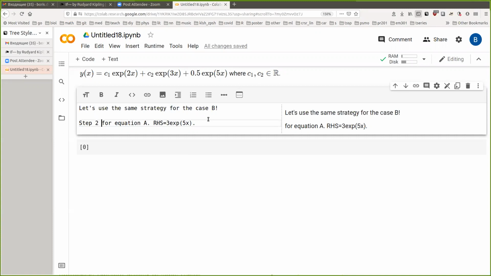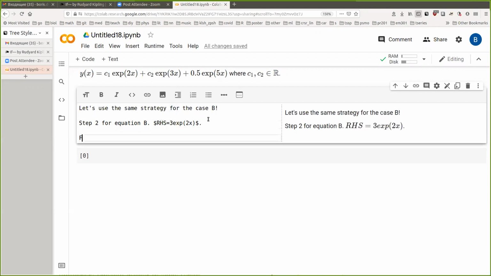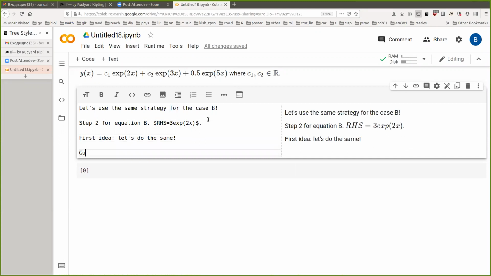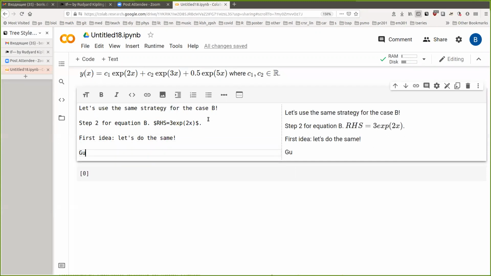Step 2 for equation B. I see that the right-hand side is 3 exponent of 2x. And the first idea is the same. Let's guess. This is a guessed solution candidate. It is g. This is a guess. That's not a solution yet.